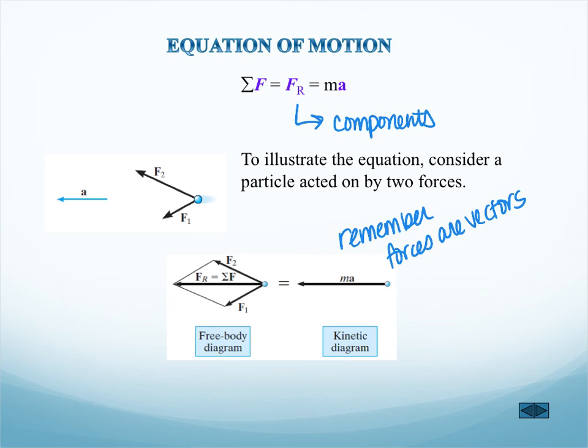We'll look at the sum of the forces in the x direction equals the mass times the x acceleration, and the sum of the forces in the y direction equals the mass times the y acceleration. But then we will also add to our repertoire, which we learned about in the previous chapter. We'll sometimes look at tangential forces and normal forces. We'll look at forces in terms of polar coordinates, cylindrical coordinates. So we're going to be a little bit more expansive and do a little bit more than you've seen before in general physics.